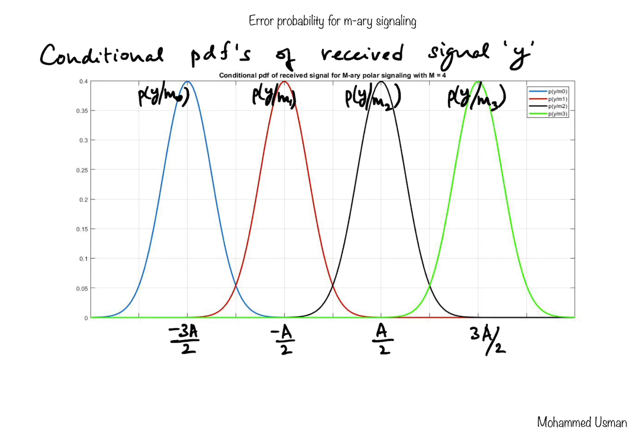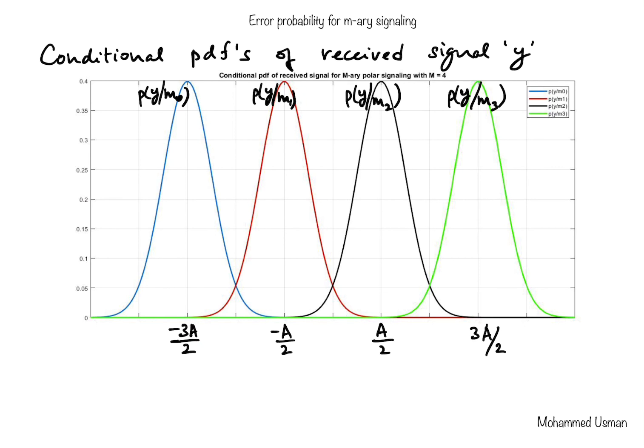So we have our four symbols, M0, M1, M2 and M3, and depending on which of the four symbols is transmitted, the received signal will have a conditional PDF, P of Y given M0 or P of Y given M1 and so on, and they will be centered on their respective voltage levels. So when M0 is transmitted, the received signal will have a mean value of minus 3A by 2.